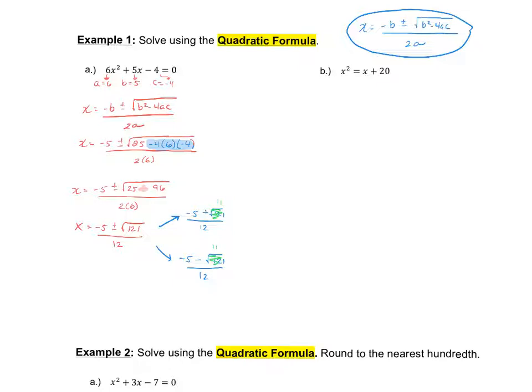Negative 5 plus 11 is 6 divided by 12, which is 1/2. And negative 5 minus 11 is negative 16 divided by 12, which simplifies to negative 4 over 3. So my solutions are negative 4 over 3 or 1/2.